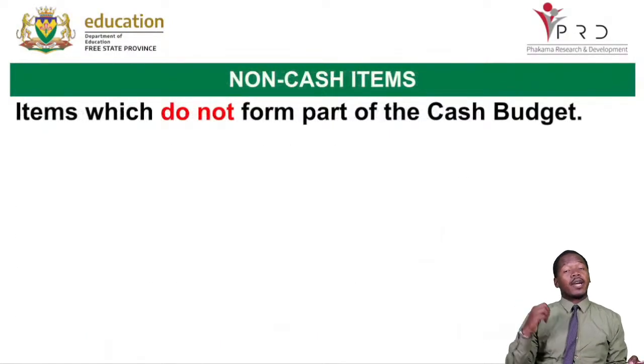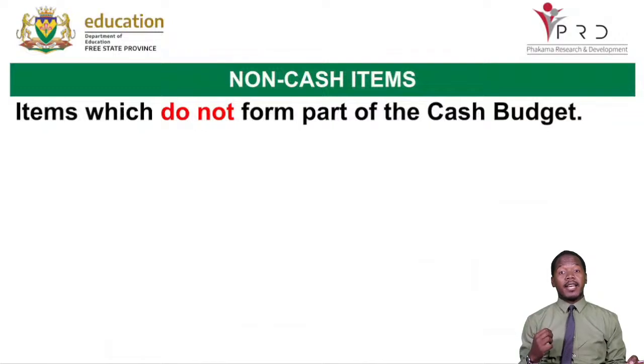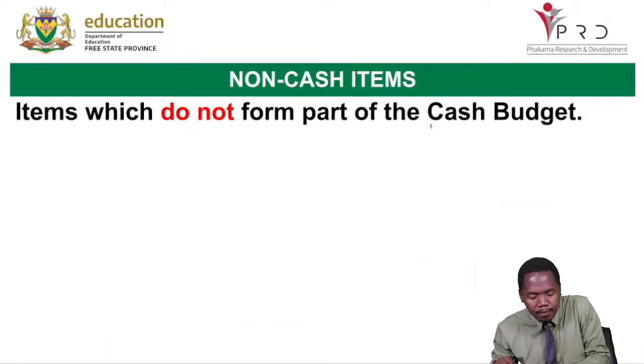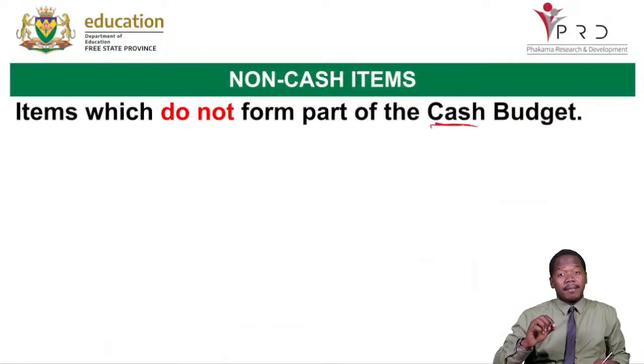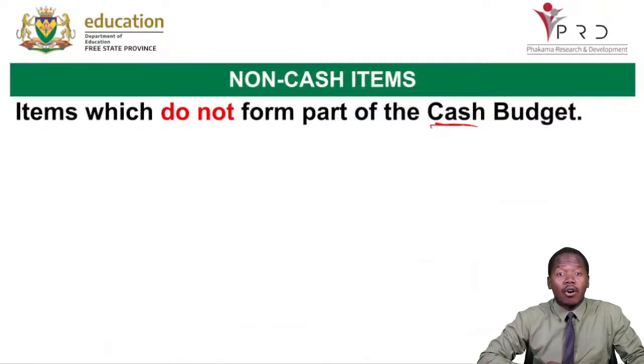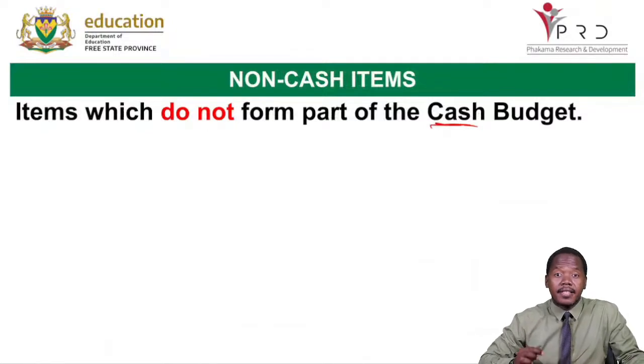Now, let's do a quick revision. Remember last time when we had our lesson, we talked about the items or the amounts that should not be part of our cash budget. Now, grade 12s, what are those amounts or items that must not be recorded in the cash budget?